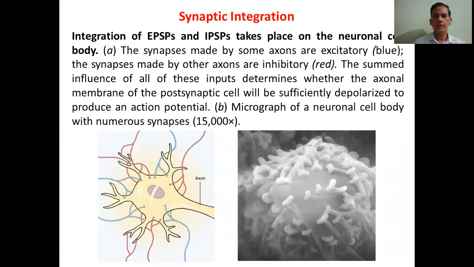The overall inhibition or excitation of the postsynaptic neuron will depend on how much is excitatory or how much is inhibitory. If the total is sufficient to depolarize, then the action potential will be produced. If that total is not sufficient, there will be no depolarization.